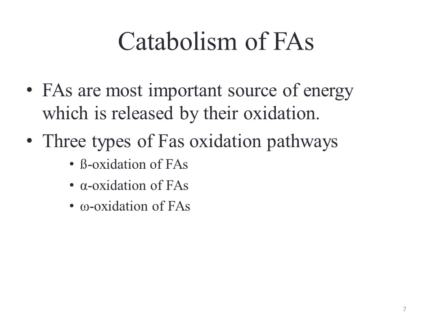So fatty acids are the most important source of energy, especially in the absence of carbohydrates, released by their oxidation. Three types of fatty acid oxidation pathways are present in the cells: beta oxidation, alpha oxidation and omega oxidation of the fatty acids.